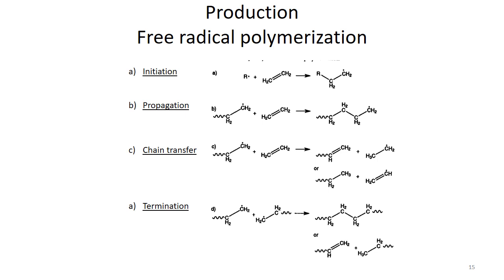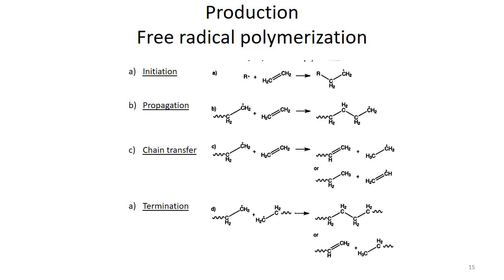When this initiator reacts with an ethylene molecule, the free radical is transferred to the CH2 group, which then takes part in the chain reaction in the propagation step. It reacts with another molecule, and this reaction goes on and the chain elongates. There is a reaction involved during this propagation step.